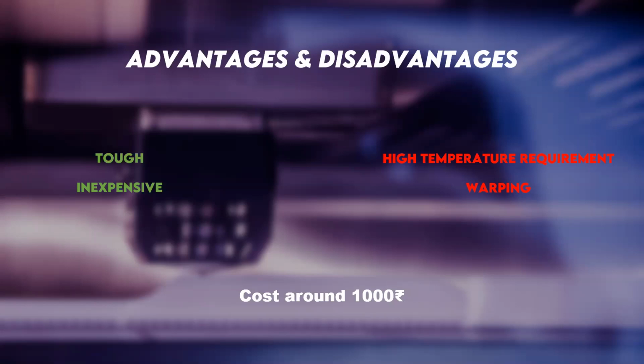So the hot end needs to be at that higher temperature in order to melt the nylon filaments. Another disadvantage is that it requires a heated bed, otherwise there will be warping. And due to the warping, there can be cracks also.